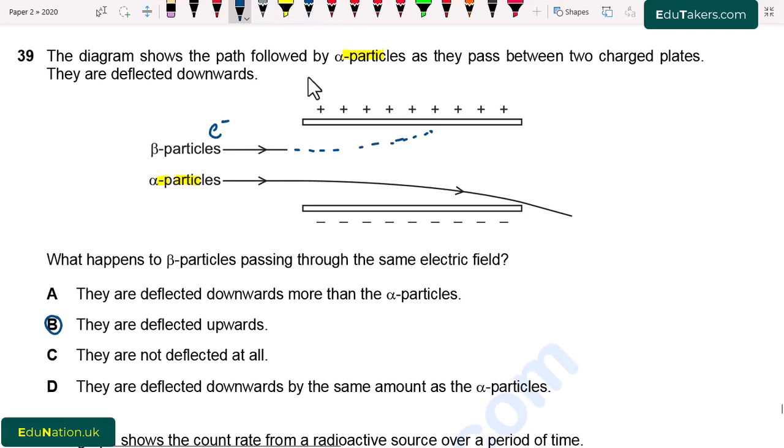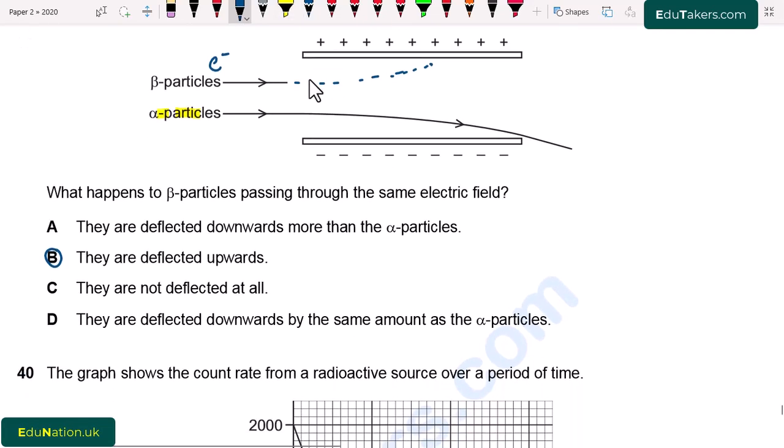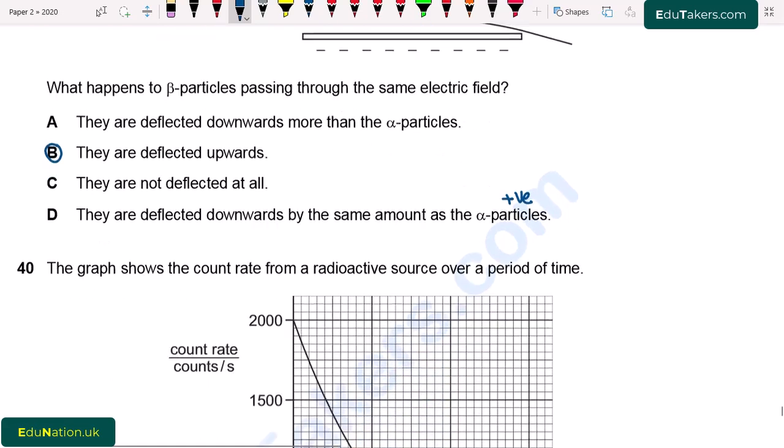It is not possible, because if the particle is neutral, then there is no deflection, but in the case of a charged particle, there should be deflection. Option D is they are deflected downwards by the same amount as the alpha particles. The alpha particle is positively charged, while the beta particle is negatively charged, so both of these are deflected in opposite directions. That's why option B is correct.